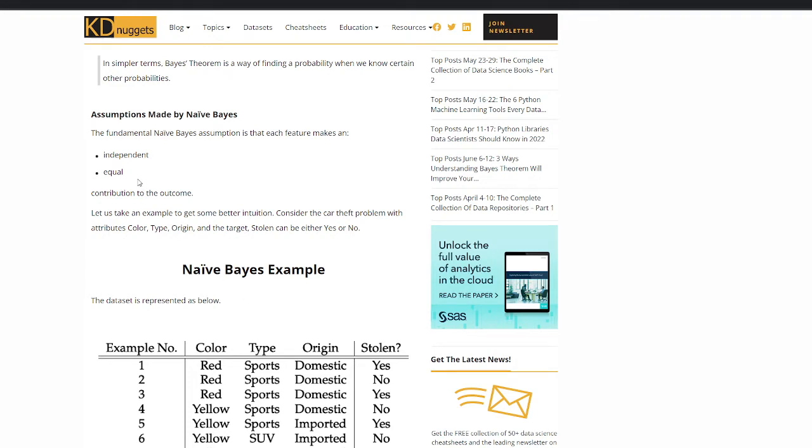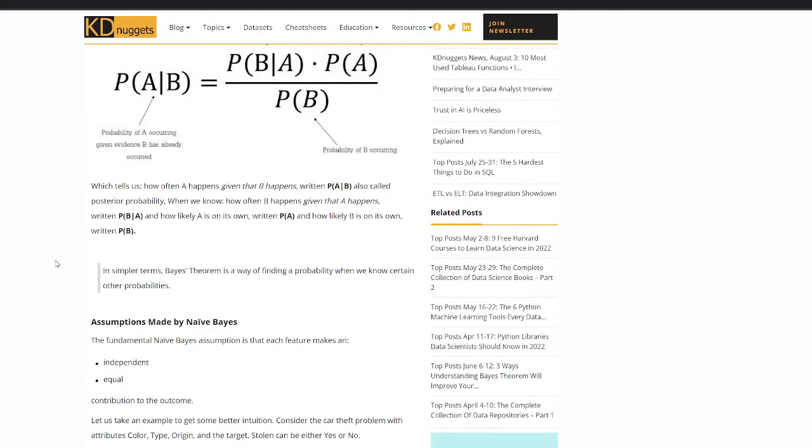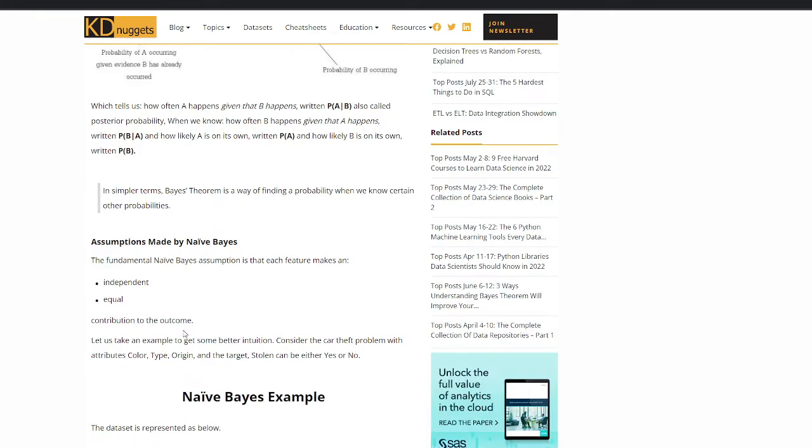And we also assume each one is equal in its contribution to the outcome, but in real life, it's definitely not equal. But why do we make these assumptions? Even though in real life the features are not independent or equal, if we make this assumption in natural language processing, it still gets a good result. That's the reason we call it naive.